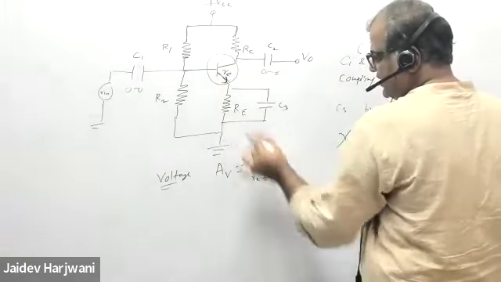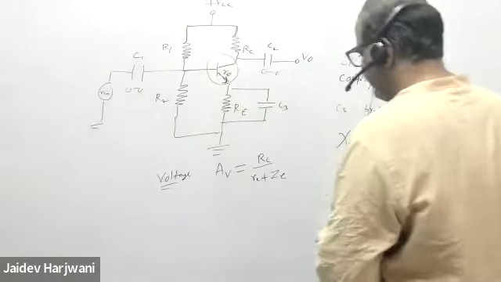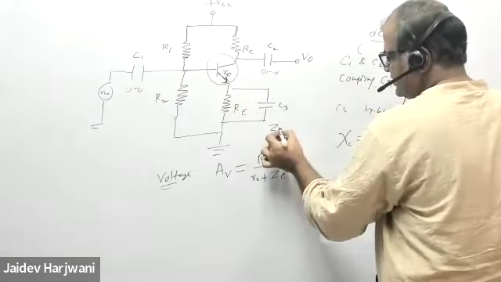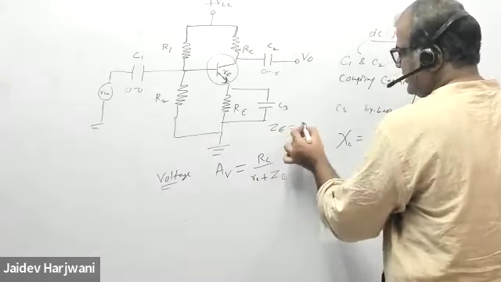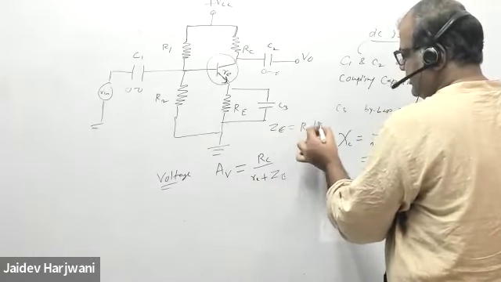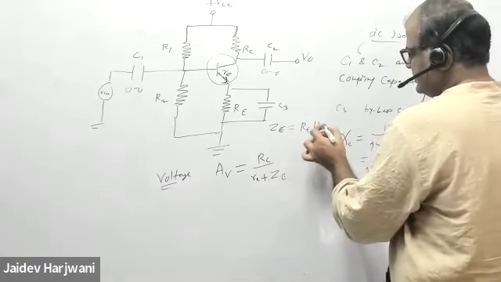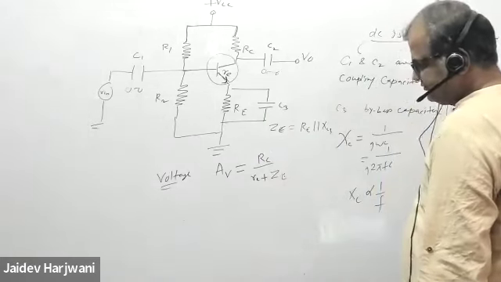Now this is a combination. I write it by ZE. This is the formula. If I write a combination, this ZE is basically RE parallel to XC3. This is the formula.